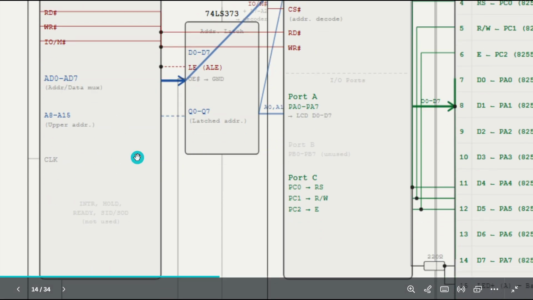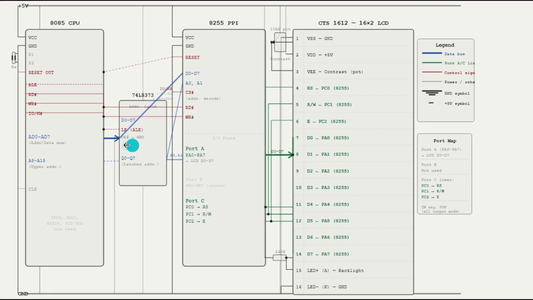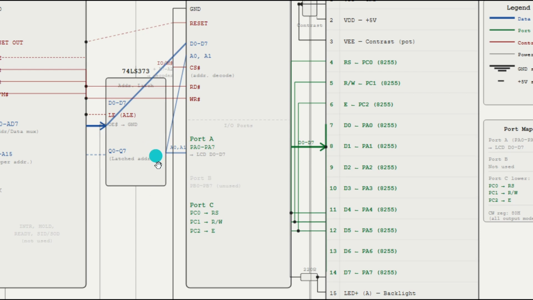And this is the clock, of course. And this is the address latch, which is the 74LS373. This is a transparent latch. It captures the lower address bits from the 8085 when ALE is high and holds them stable for the rest of the machine cycle when ALE goes low. It outputs Q0 to Q7, as you can see here, which are the demultiplexed lower address bits.